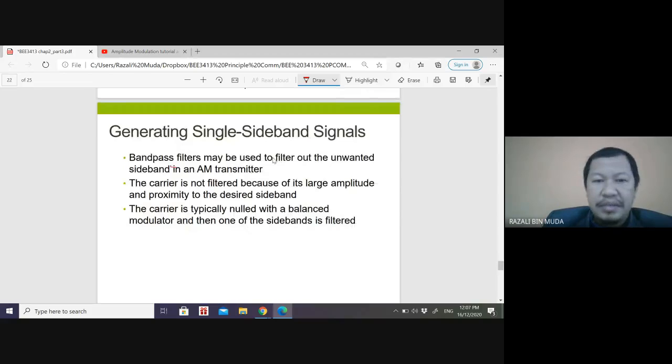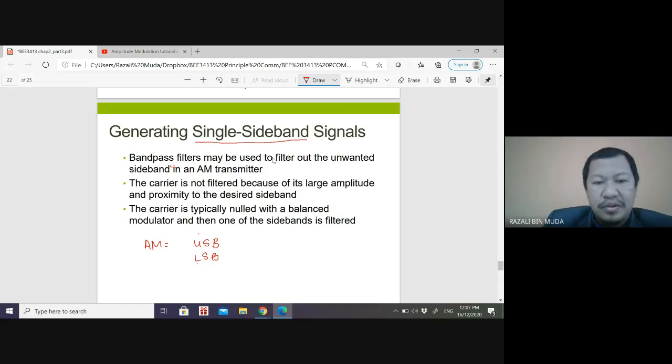Generating a single sideband signal: band pass filters may be used to filter out the unwanted sideband in an AM transmitter. So how do we generate a single sideband? A normal AM signal has USB and LSB, remember, upper sideband and lower sideband.